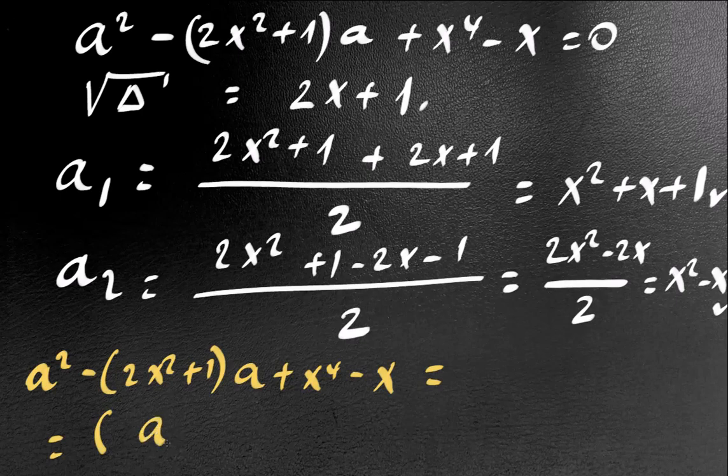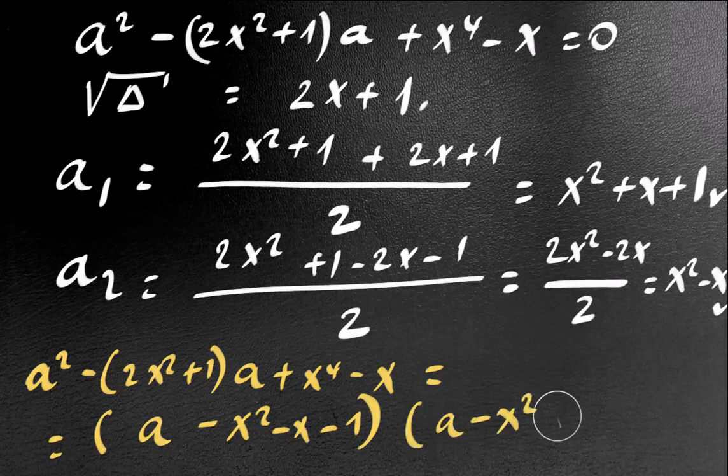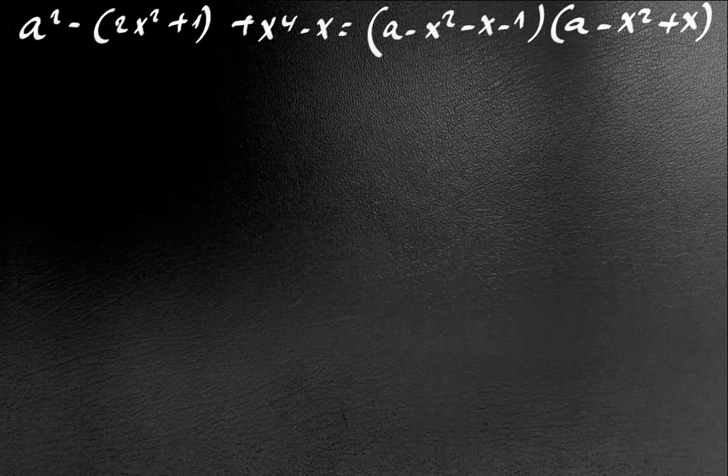So it will be (a minus x squared minus x minus 1) times (a minus x squared plus x). Okay, to get this one 0, we just have to make any of the factors 0. So we go ahead and calculate the values of x that make this one 0.